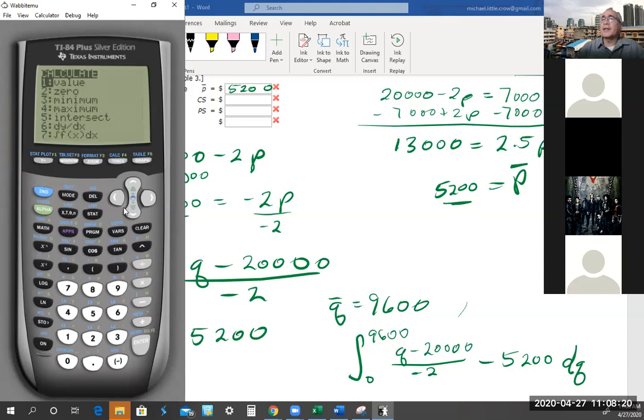Second calc, we do number 7, which is the integration function. It asks for the lower limit. We do 0, and the upper limit, 9,600. It fills in there, and it tells us, what do we got? Boom. 23 million.